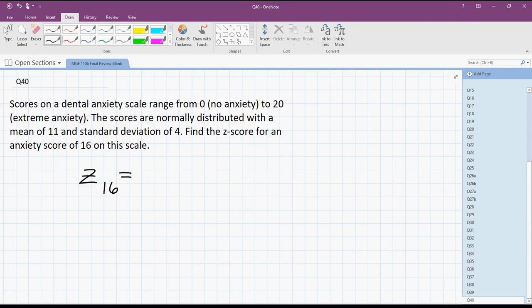That's a scale. 16, right here at the very end. Minus, what's the mean? 11. Divided by, what is the standard deviation? 4. So you put this in your calculator, and you round to the nearest hundredth. And what do you get? 1.25.